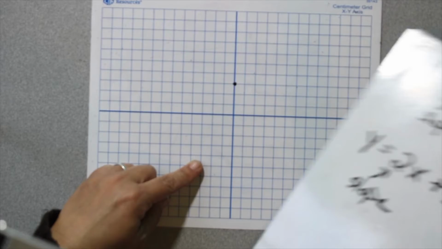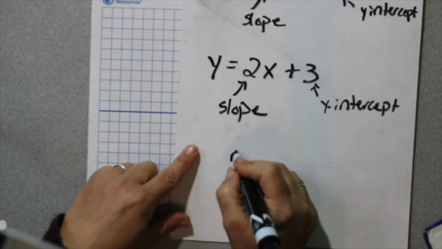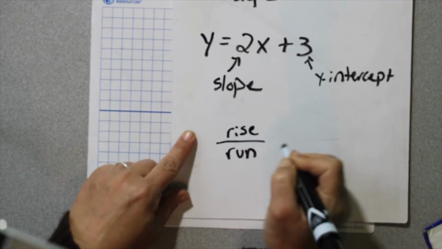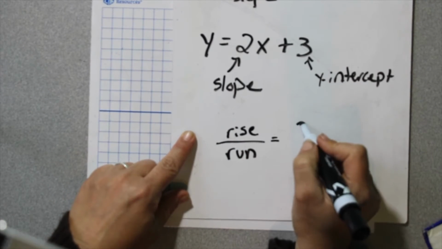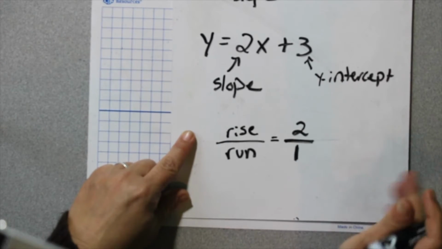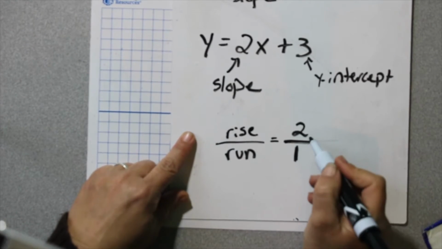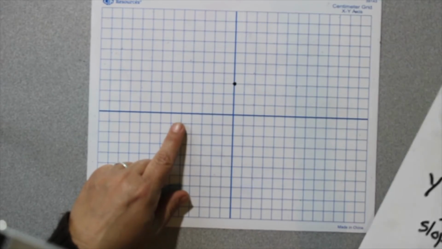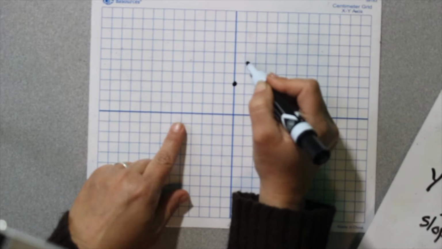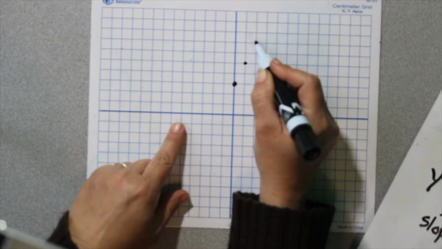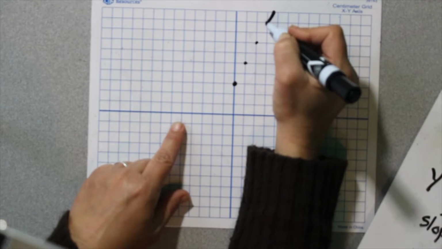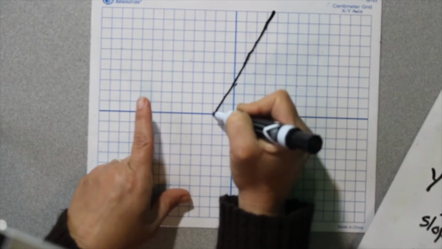Now our slope is 2. If slope is rise over run, that's going to mean if our slope is 2, it's going to be 2 over 1, because we can always put a whole number over 1 to make it a fraction. So that means we're going to go up 2 over 1. So we start at our first dot, our y-intercept, and we go up 2 over 1, up 2 over 1, up 2 over 1. And that gives us a line that looks like that.